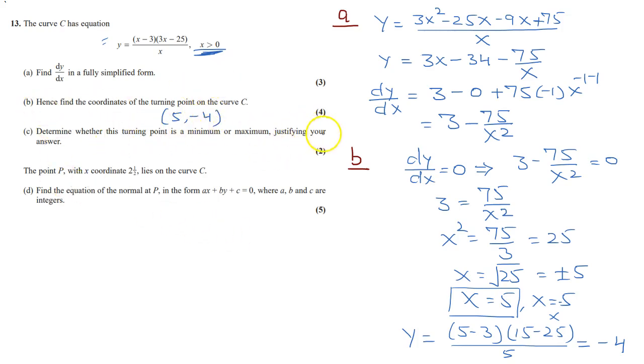Determine whether the turning point is a maximum or minimum. We know that for maximum and minimum, we have to check d2y over dx square. So we differentiate it again. So this is 3 minus 75 x to the power minus 2.